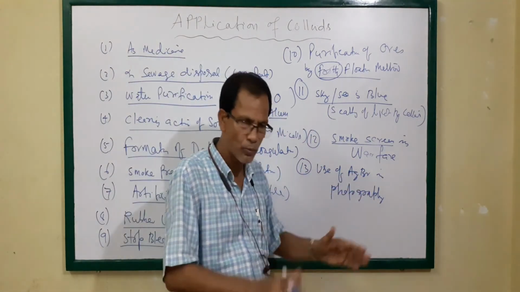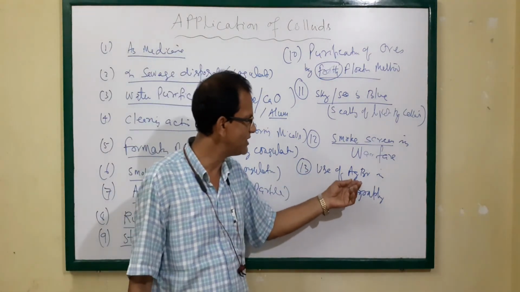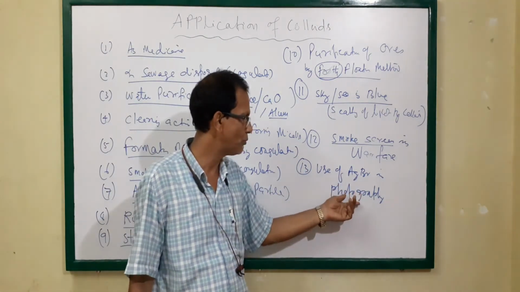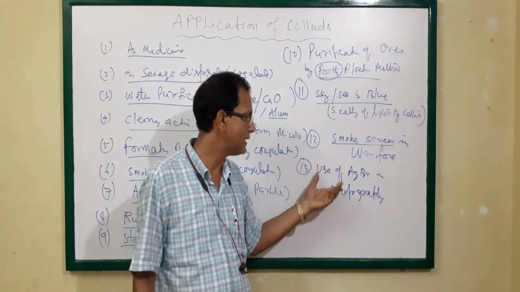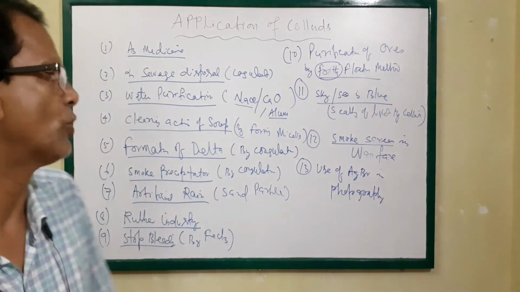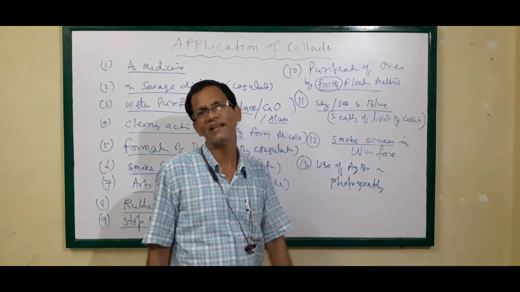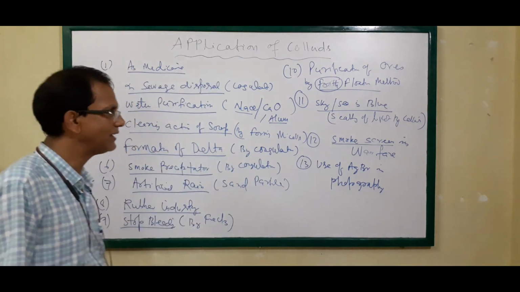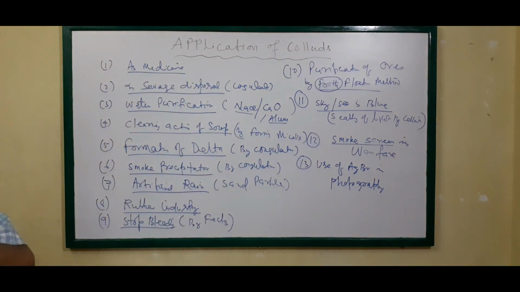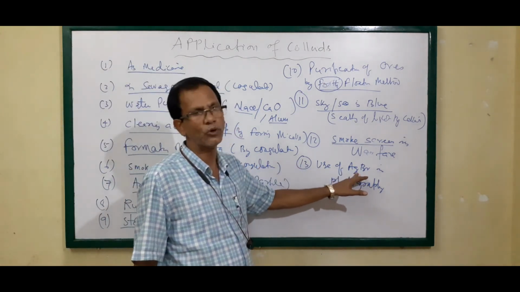When it is used over the photographic plate, due to the sensitivity of silver bromide to light, it produces the photograph. So silver bromide, due to the effect of light, can be used as a colloidal form.